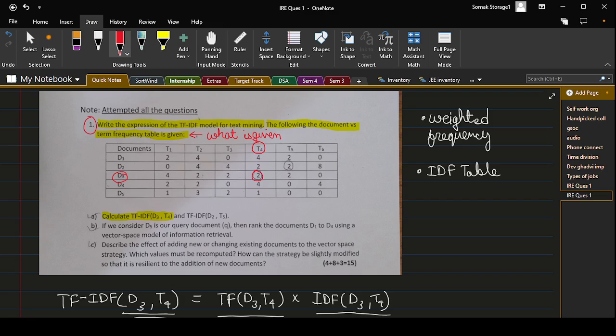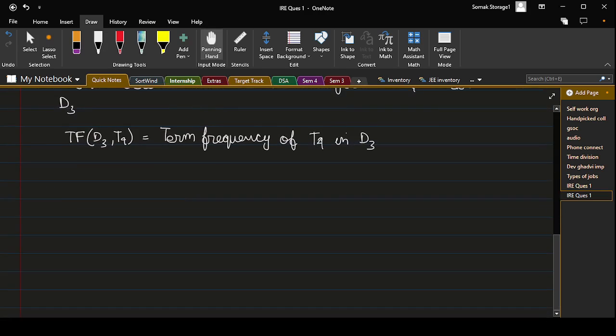We might say 2 is the term frequency for T4 in D3, but keeping in mind that this is a small example, and in the real world there might be thousands of documents with lakhs of terms, and in that case just the mere frequency, and even calculating all those frequencies for each term in each of the documents, is tiresome. So what we do is we use a normalization method for calculating the term frequency, which is called the Cornell Smart method.